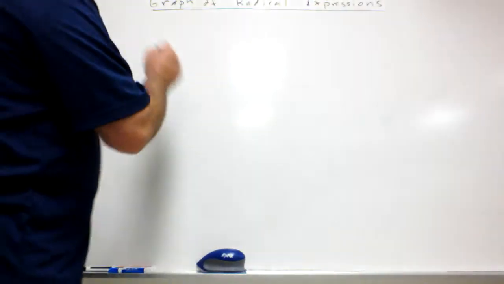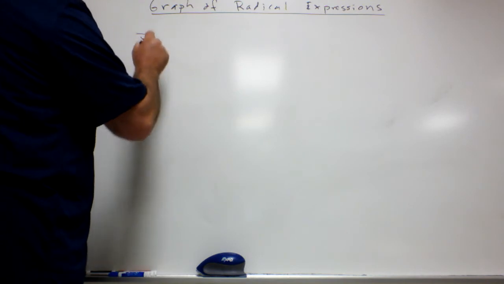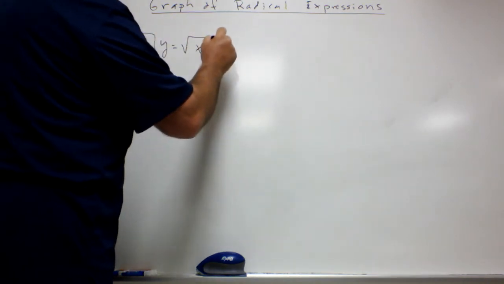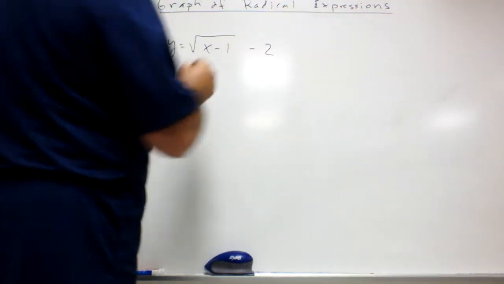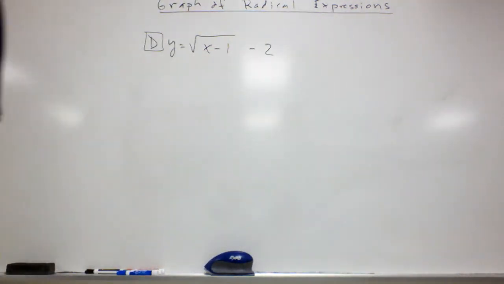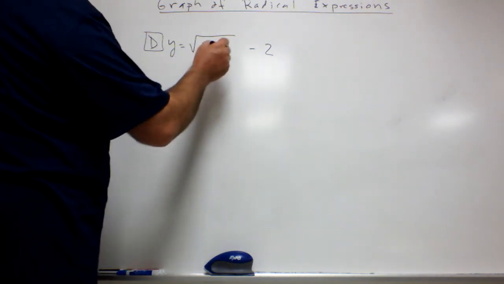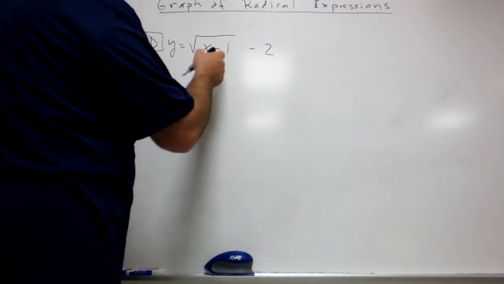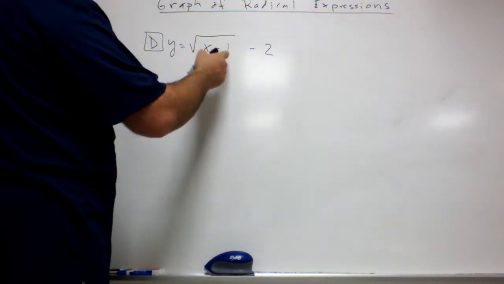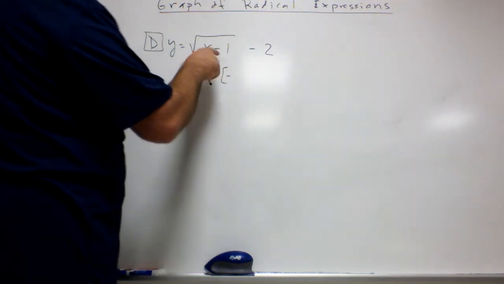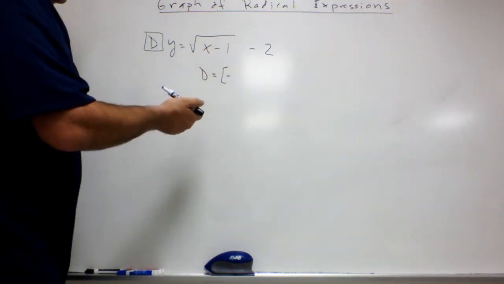Okay, let's try this. The square root of x minus 1, minus 2. And what we're going to do now is, because our domain is going to start at... well, is it going to start at negative 1 or is it going to start at positive 1?